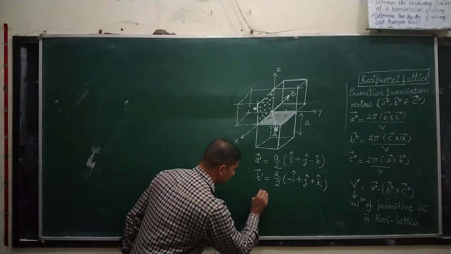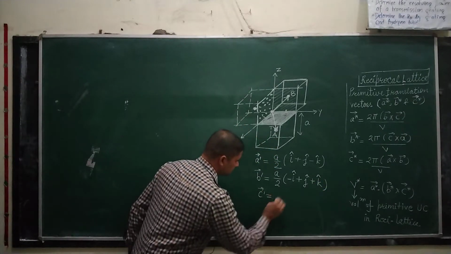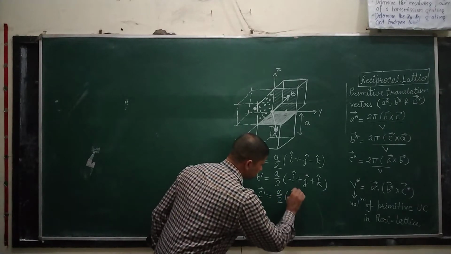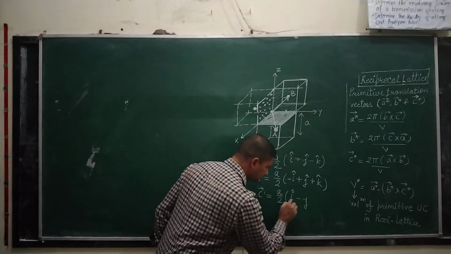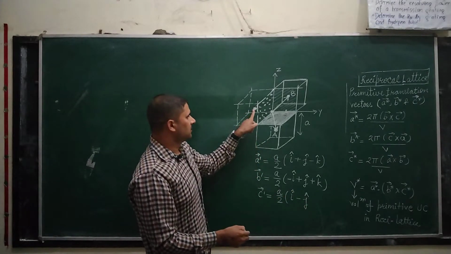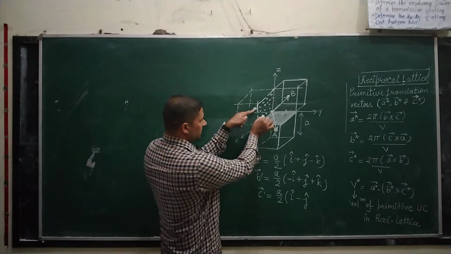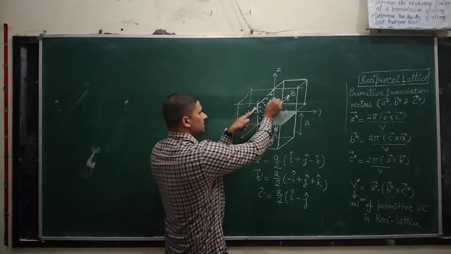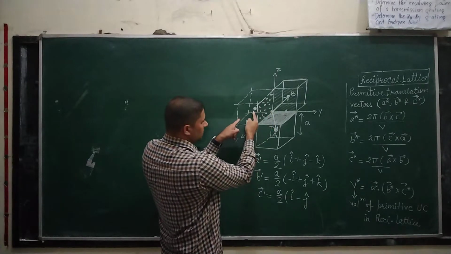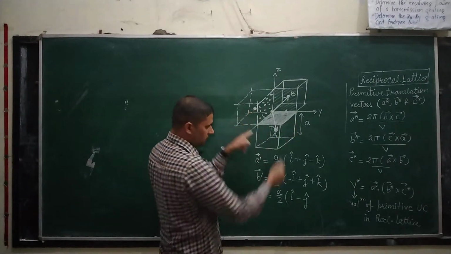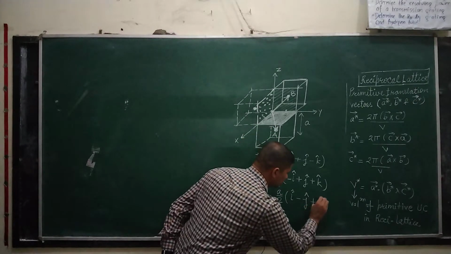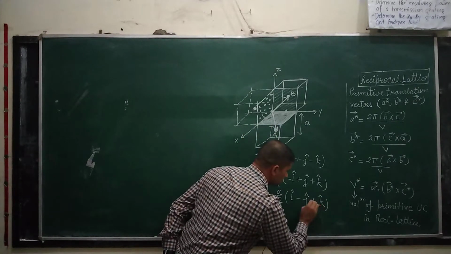In the same way you can write for C dash: a by 2 times of i minus j plus k. See here, this particle is present at a by 2 along the x direction, a by 2 along the z direction, and minus a by 2 along the y direction. So that's why there is a negative sign and plus k.